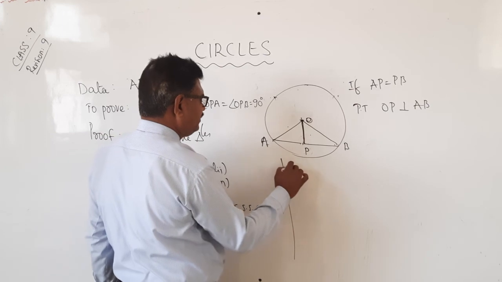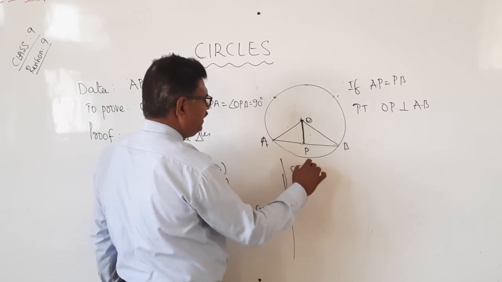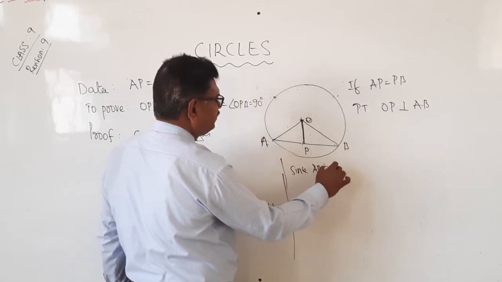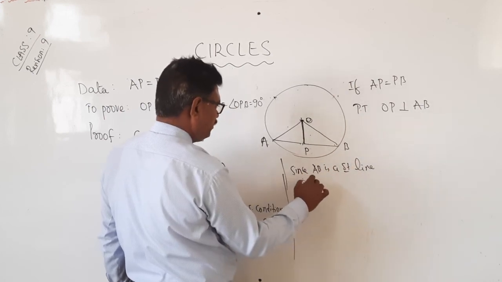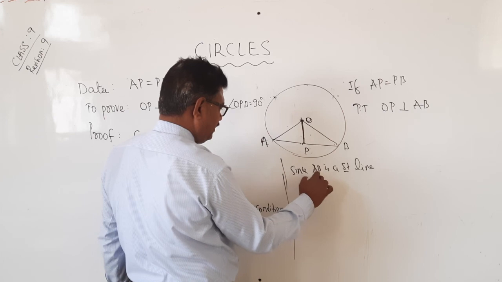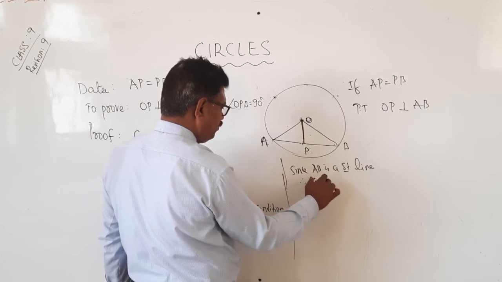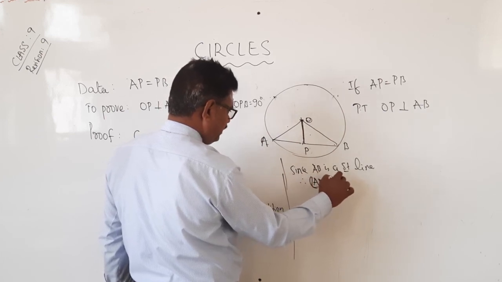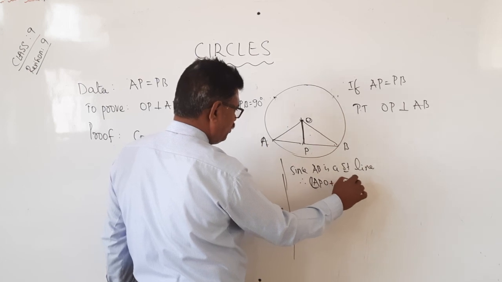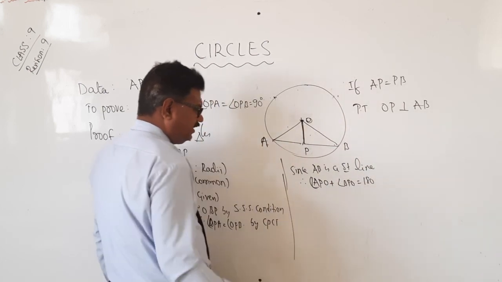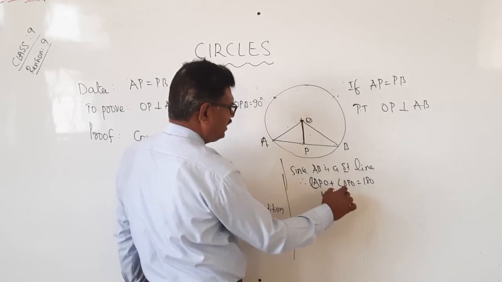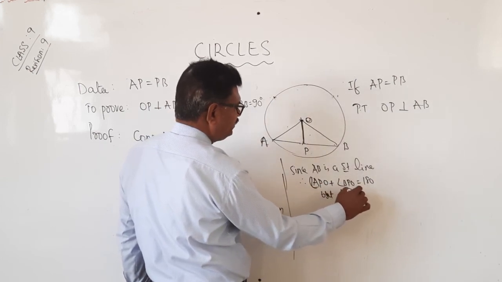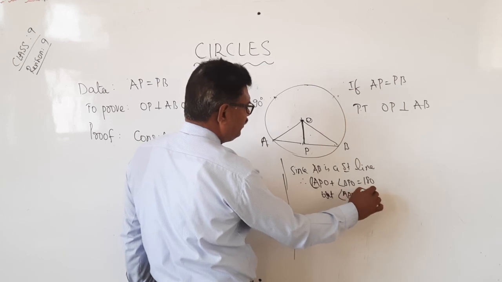Since AB is a straight line, therefore angle APO plus angle BPO is equal to 180, but angle APO is equal to angle BPO.